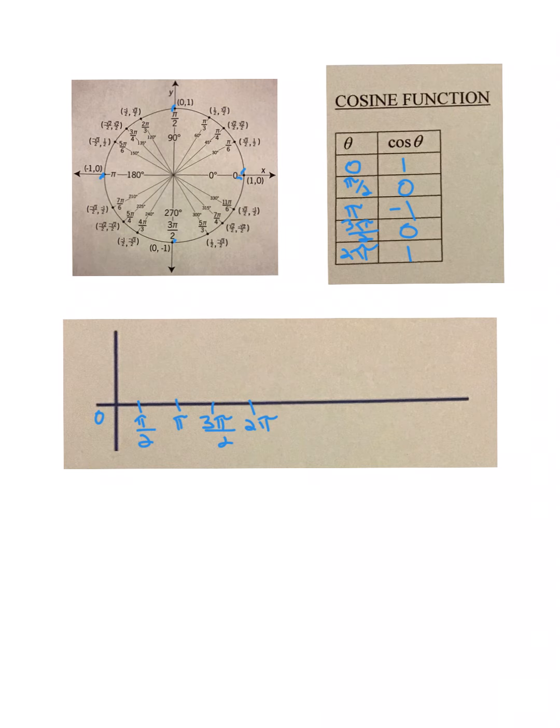So just like we had on the sine function, our highest value is 1 and our lowest value is -1. What's different on this function is that at the angle 0, we start up at 1. At pi over 2, we're at 0. At pi, we're at -1. At 3 pi over 2, we're back to 0. And at 2 pi, we're back to 1.